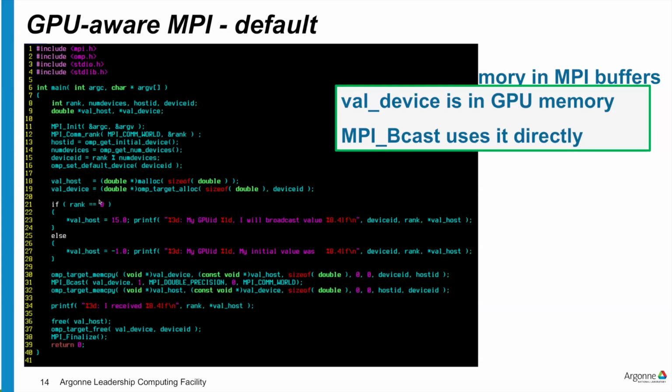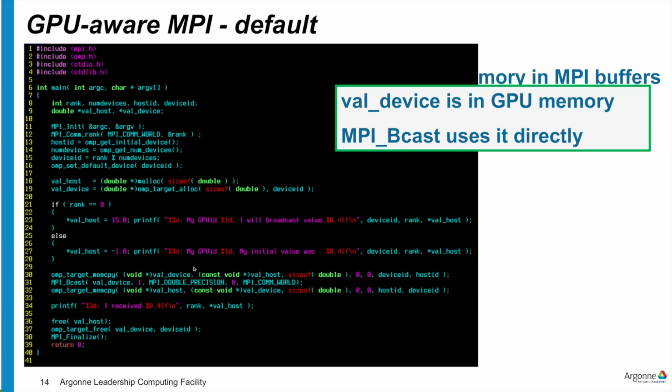And then I allocate the host and device memory using the regular malloc or OpenMP target alloc function calls. Then I place the data on the device using line 30, OpenMP target memcpy, use regular broadcast, and copy the result back to the host to print it out.